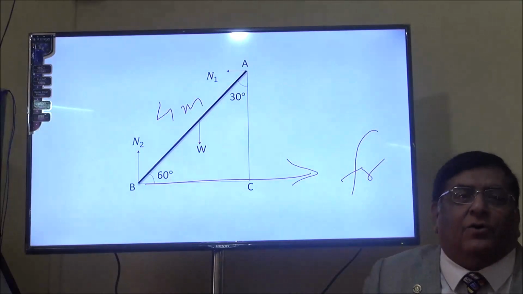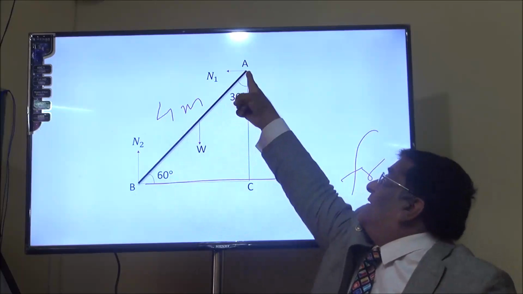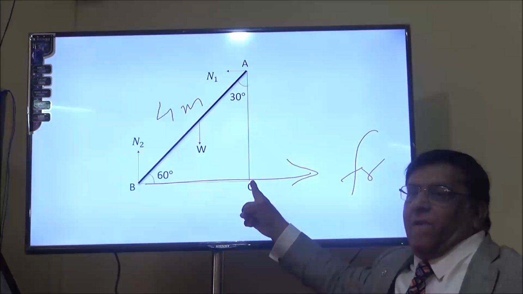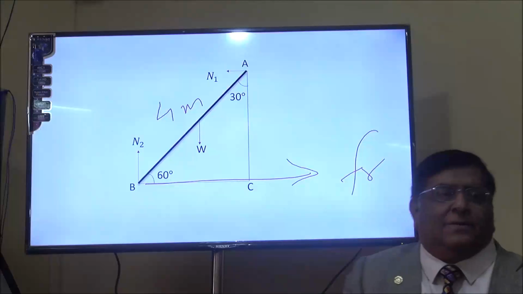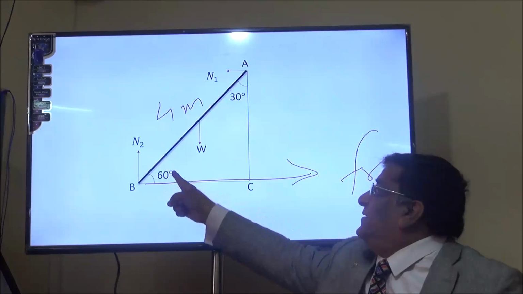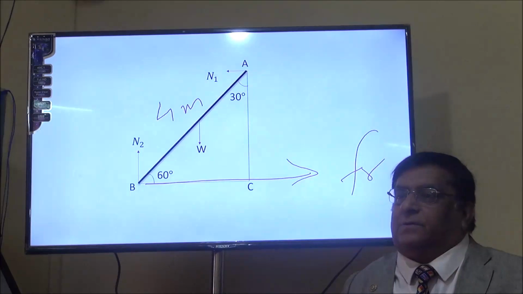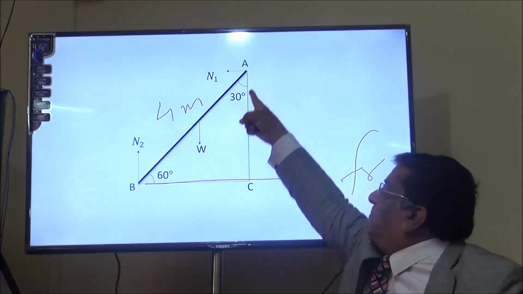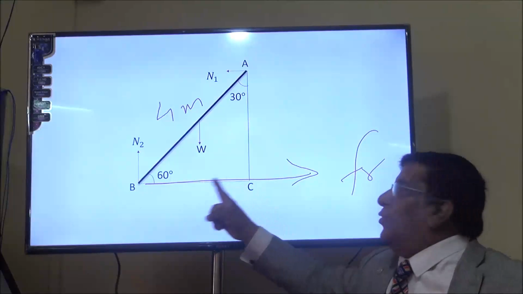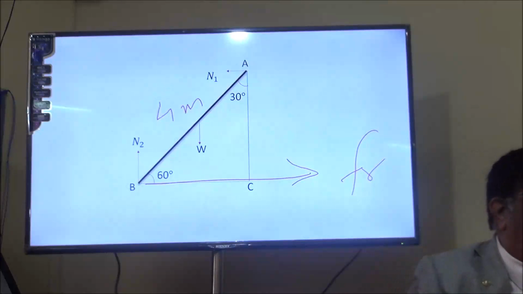Right? Now, use trigonometry. If this is 4 meter, can you find this? How much is that? That is 4 into sine 60. This is 60. 4 into sine 60. Okay. So you got N1 multiplied by this distance is the moment across B. Is this point clear to all?